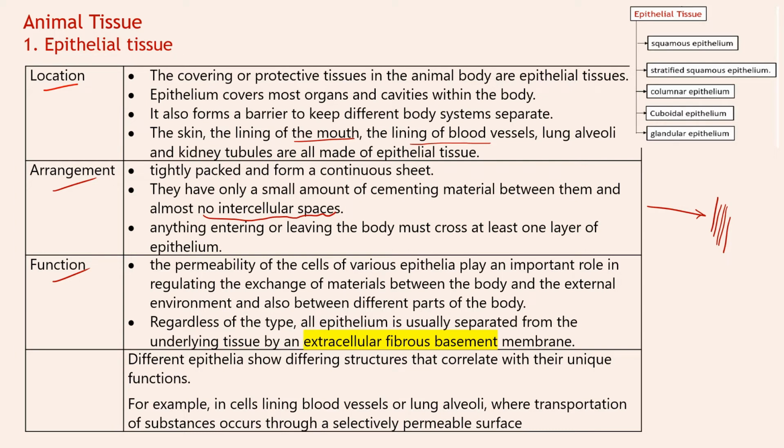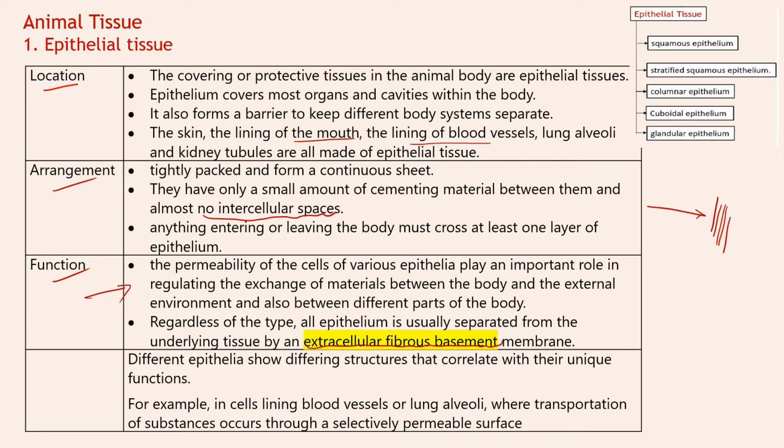Now what is the basic function of epithelial cells? It depends upon the permeability. The cells of various epithelia play an important role in regulating material exchange. Regardless of the type, all the epithelial cells are usually separated from the underlying tissue by an extracellular fibrous basement.